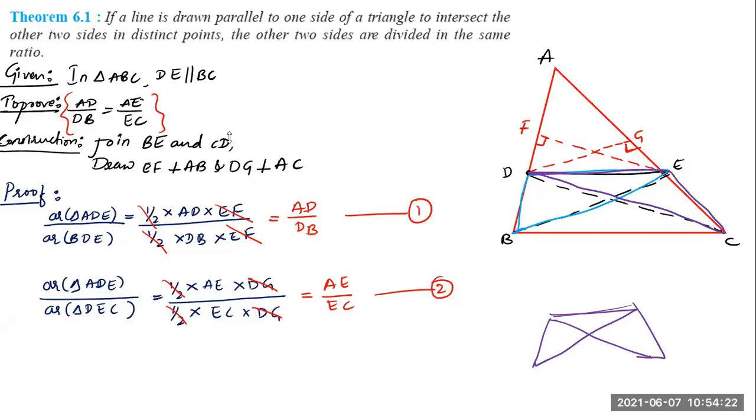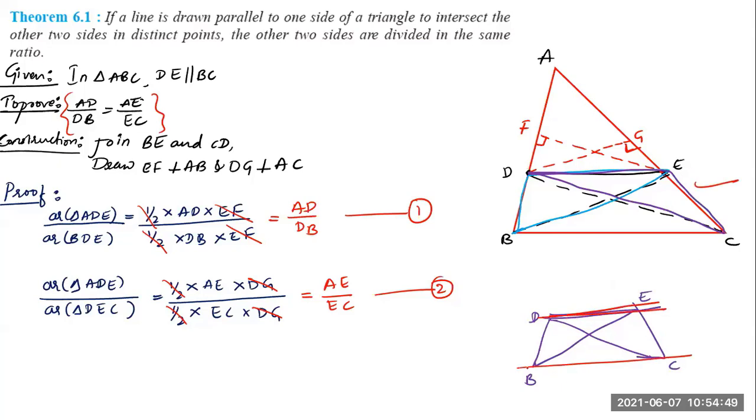Are you understanding here? So this is BDE and CDE. This is the DE side and this is the BC side in this diagram.